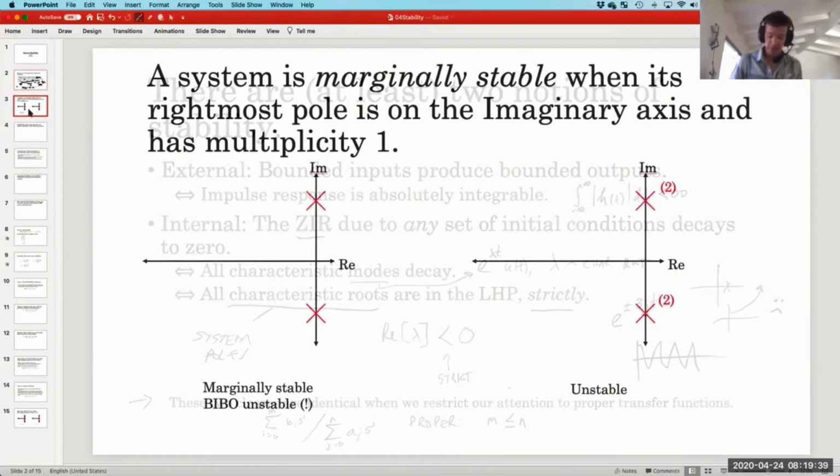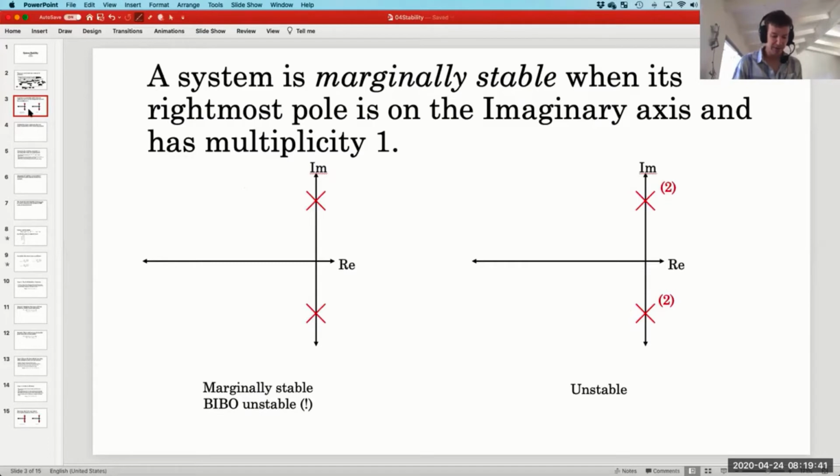Okay. So I want to take a little bit of time and talk a little bit more about this case where you've got poles on the imaginary axis. It gets its own name because it lives in this kind of knife's edge between responses that decay and responses that blow up. So it's called marginally stable when the rightmost pole is on the imaginary axis.